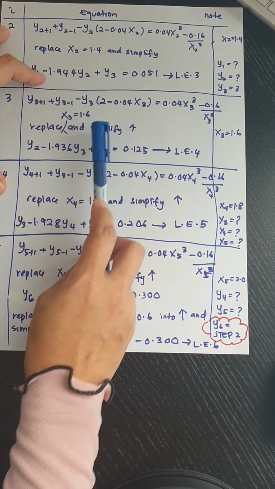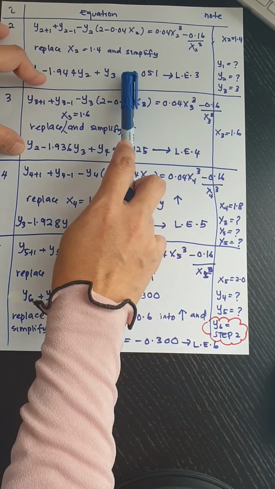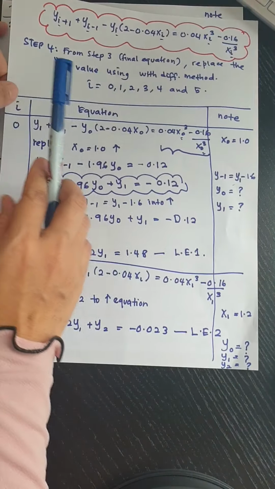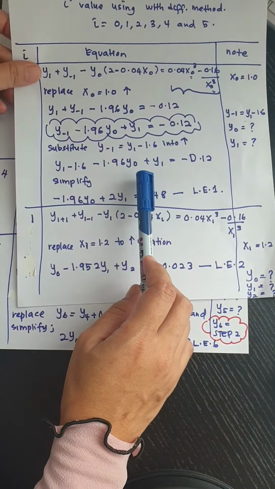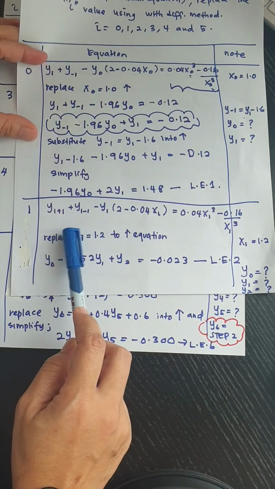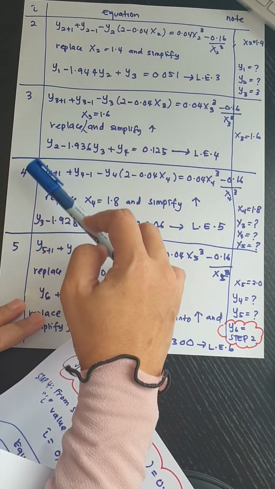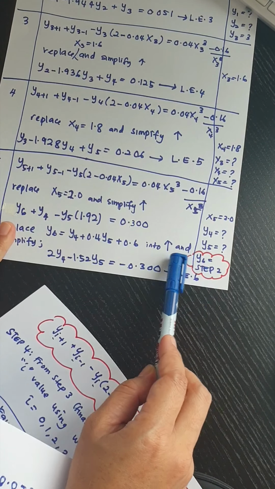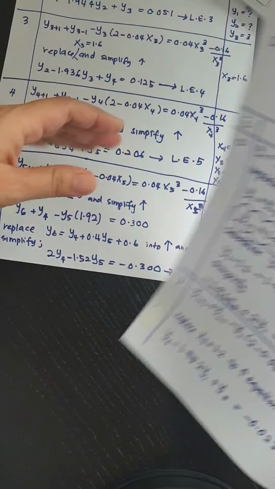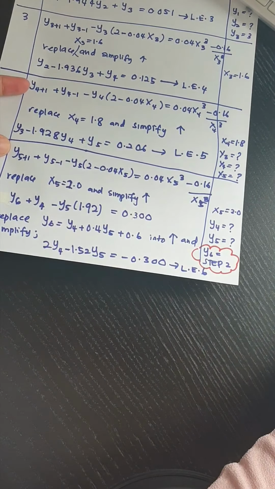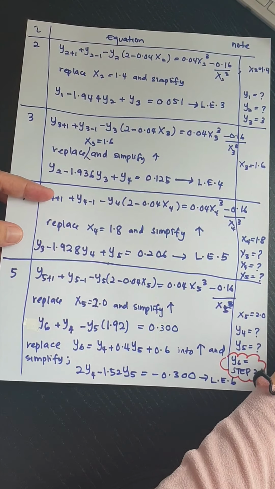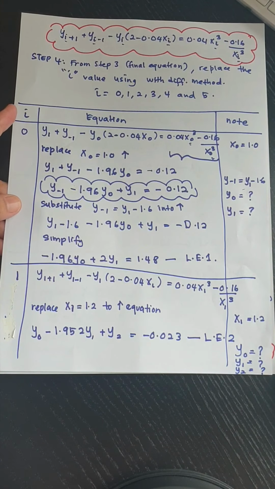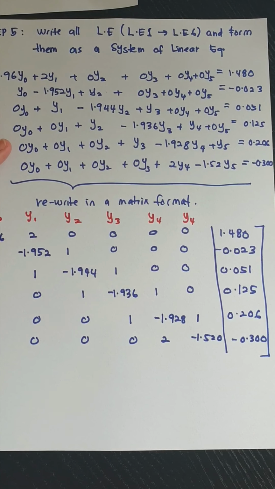From here you form a final linear equation based on the I. Since over here you have 6 procedures to be done, I0, I1, I2, I3, I4 and I5, meaning that you will have 6 linear equations at the end. After you have formed the linear equations, you use all 6 equations and form them as one system of linear equations and solve it using matrix.